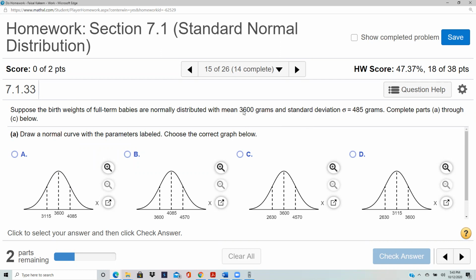So let's add this standard deviation to the 3600 to see where that mark should be. So 3600 plus 485 is 4085, and this is the one that has 4085. And you can check the other mark also. If you do 3600 minus 485, that should be 3115.